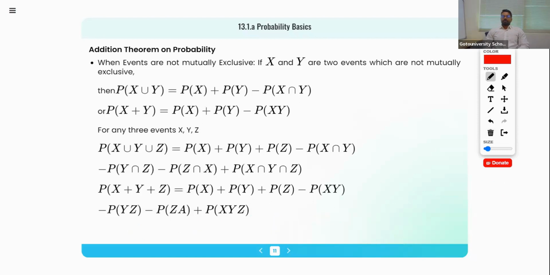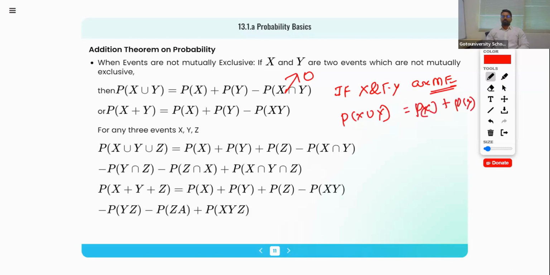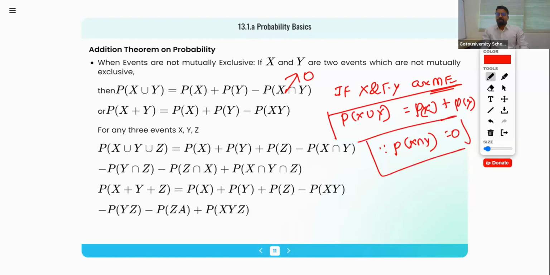And remember, if X and Y are mutually exclusive, then what will happen to this expression? This will become 0. For mutually exclusive events, P of X union Y will be directly P of X plus P of Y, since P of X intersection Y becomes 0, because they will never occur together.